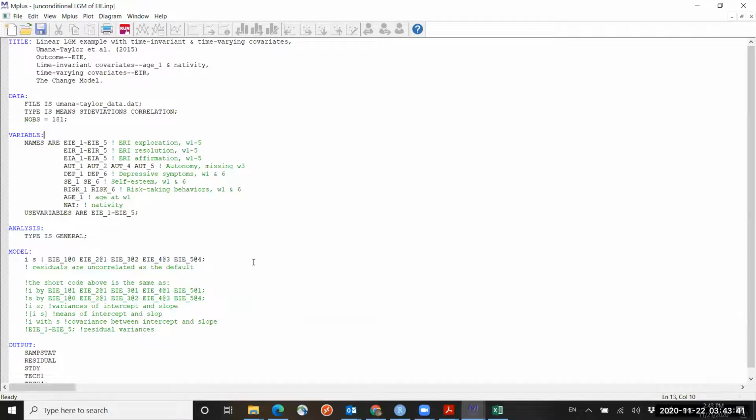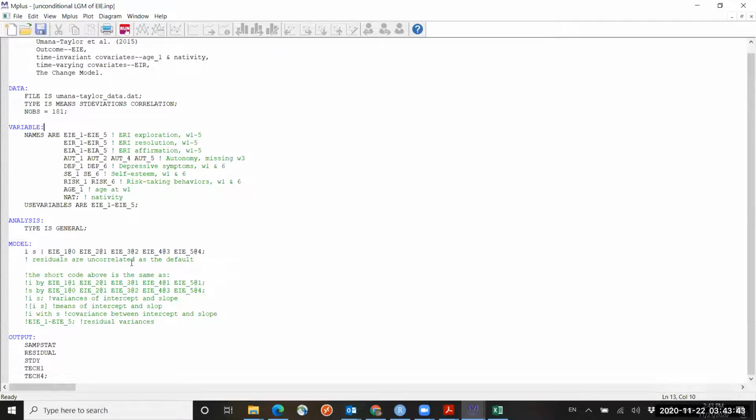For the unconditional model, Mplus has a shortcut for specifying latent growth models. I'll show you the shortcut first and then explain what it means. This is saying 2 latent variables. I named the intercept I, but I could have named it anything, like intercept, as long as it didn't exceed 8 characters.